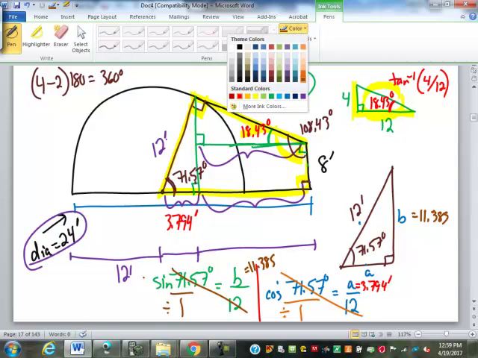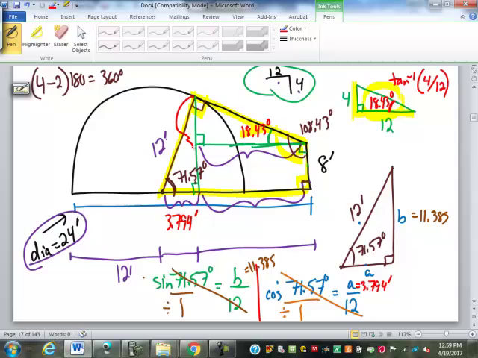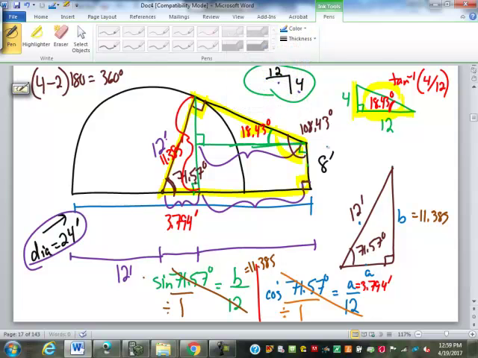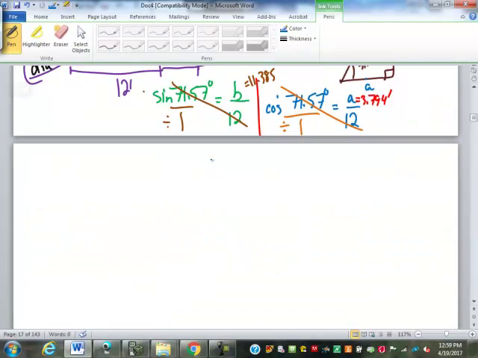So that tells me that this distance here is 11.385. How does that help me? Well, I subtract off the 8 here because this is going to be 8 as well, because that's a rectangle. That leaves me with this distance being 3.385 feet. Does that make any sense? So subtract the 8.